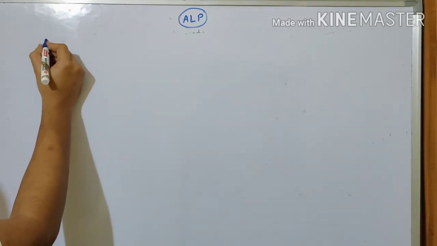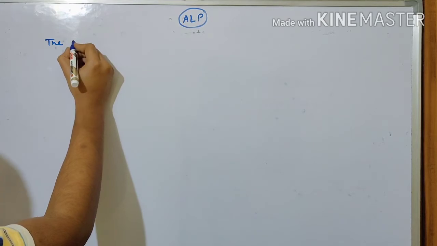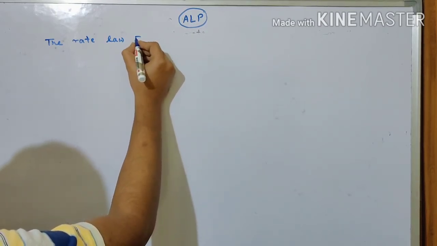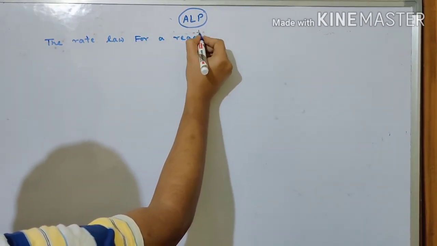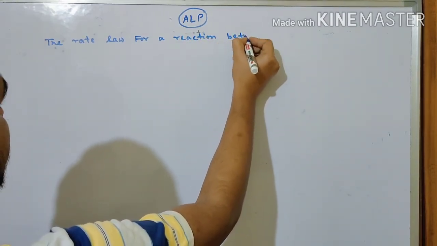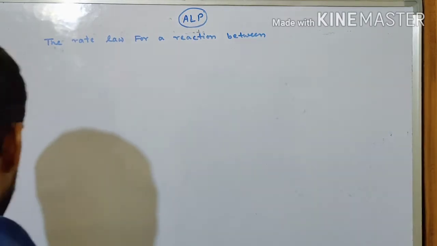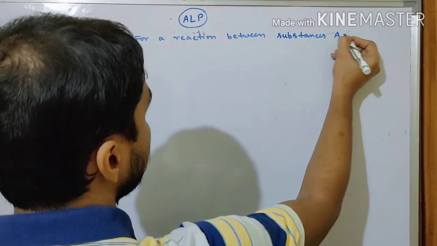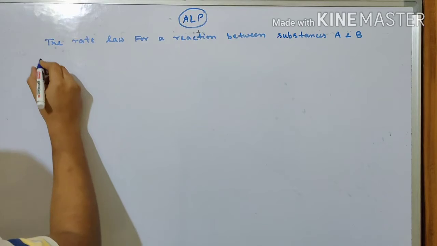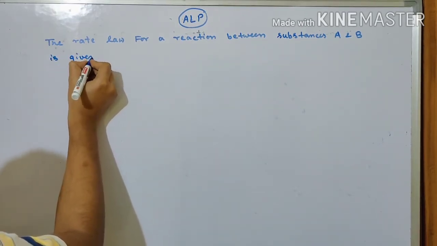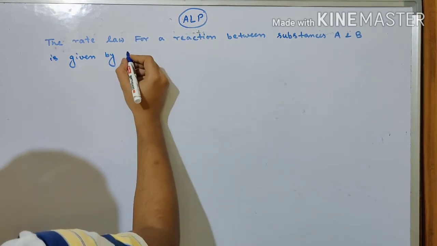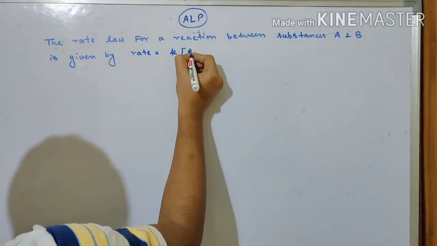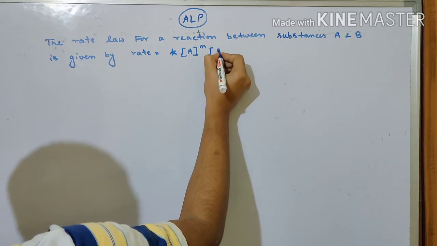Let me rewrite the rate law for a reaction between substances A and B given by rate is equal to k into a to the power n and b to the power m.